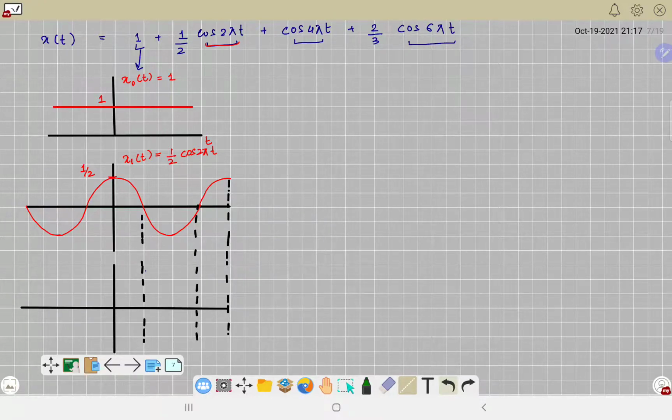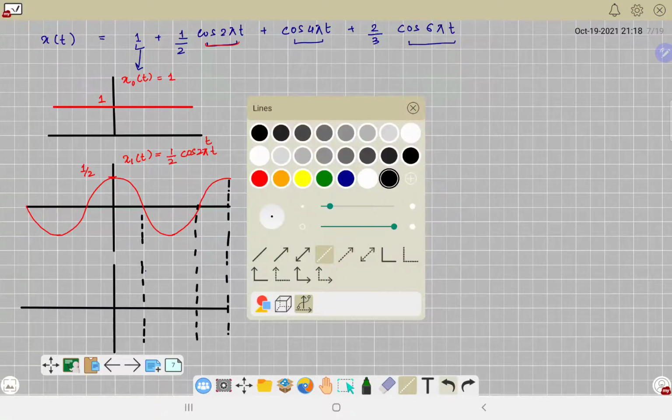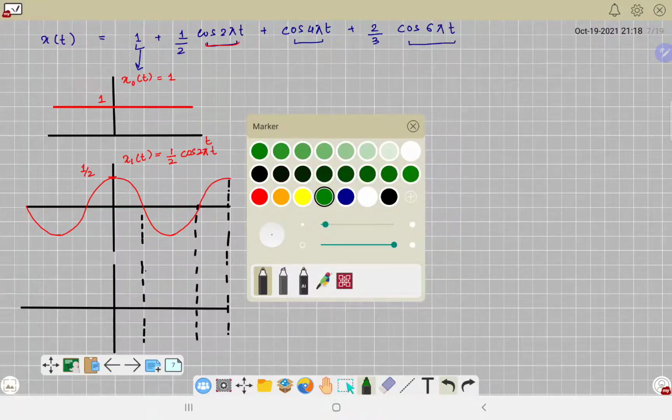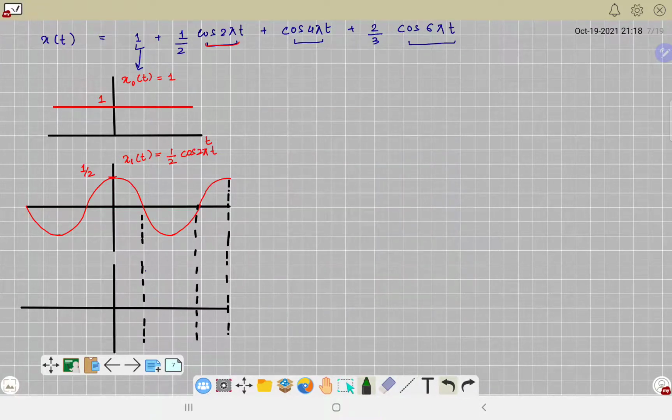So one cycle of the earlier signal was from here to here. Because the frequency is going to double, half is somewhere here, so I should be able to accommodate something like this, then it will continue.